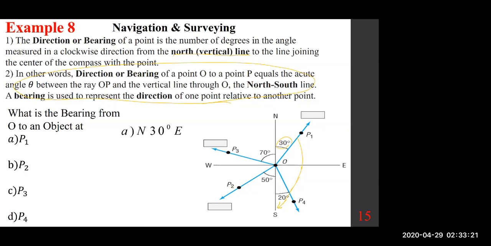So we write S, we write 50 degrees. Now, is it on the left side of S or the right side of S? Left. Very good. Because it's on the left, we say west. So south, 50 degrees west. I assume everybody is comfortable with this. Let's give everybody a chance to write the remaining 2 points in the same manner.